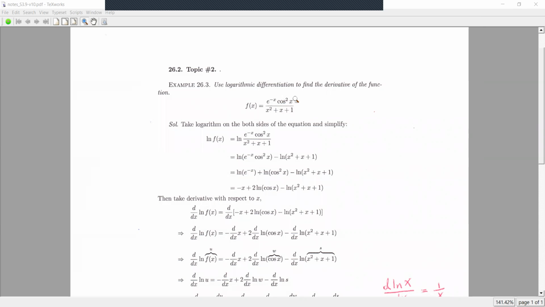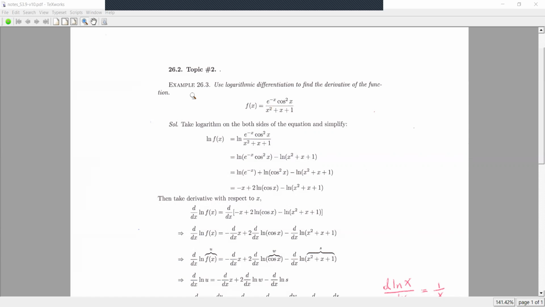When I compute the derivative on the top, I use the product rule. When I compute the derivative of e to negative x, I use the chain rule. And when I compute the derivative of cosine square, I use the product rule, because cosine square is cosine times cosine. And also I can use the chain rule to compute the derivative of cosine square.